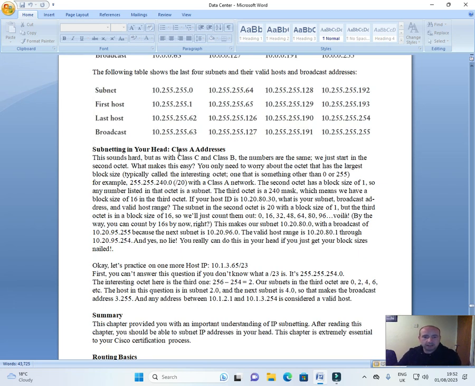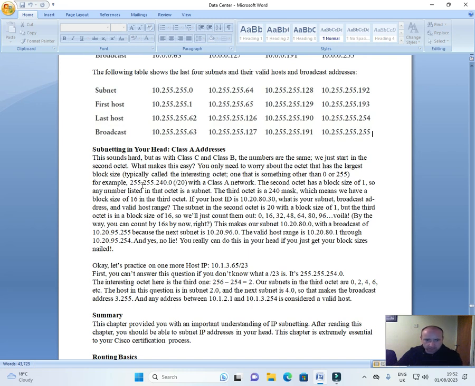Subnetting in your head, Class A addresses. This sounds hard, but with Class C and Class B the numbers are the same. We just start in the second octet, which is what makes it this easy. You only need to worry about the octet that has the largest block size, typically called the interesting octet, one that is something other than 0 or 255.